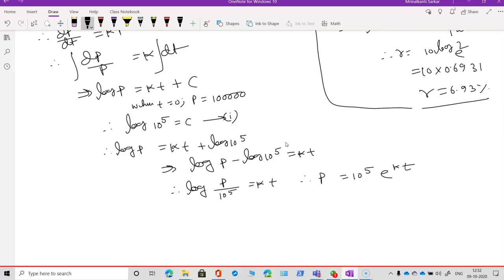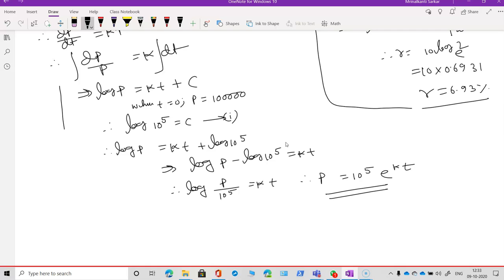We need to know the value of k here, then we can simplify. But you can use this condition, it is increased by 10% in 2 hours.